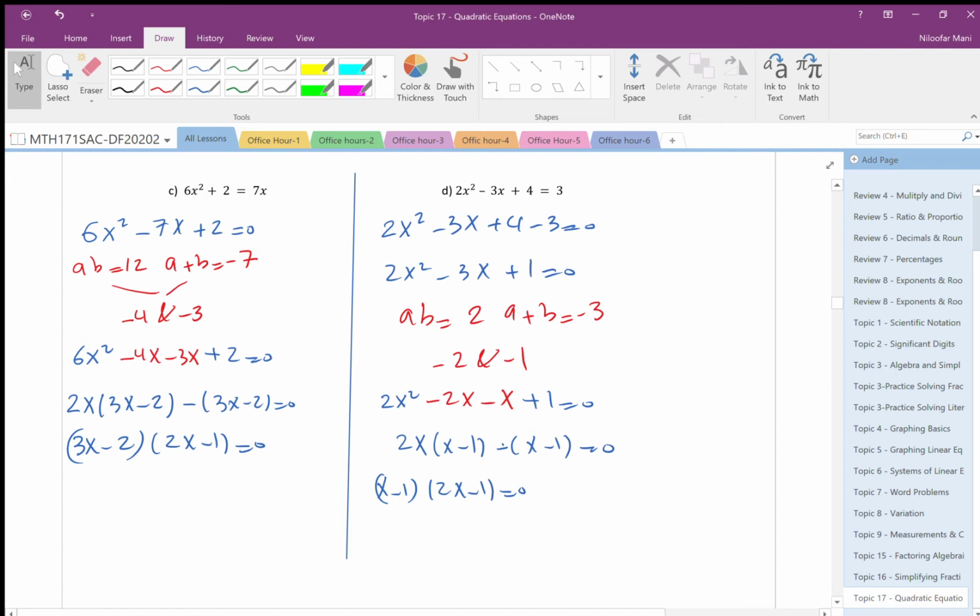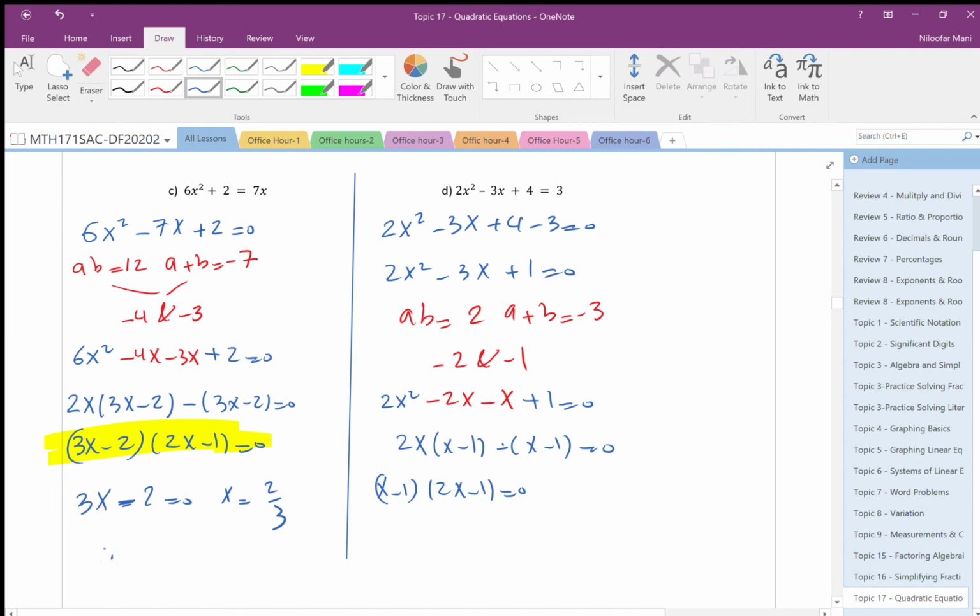Okay, I take everything to one side, I factor. For the factoring part, I just don't do it because it's a practice that you did in the last lesson. So one of the methods is by factoring. So 3x minus 2 equals 0, so x is 2 over 3.